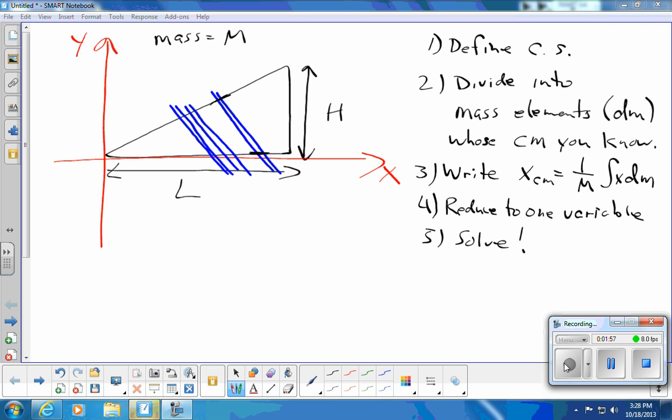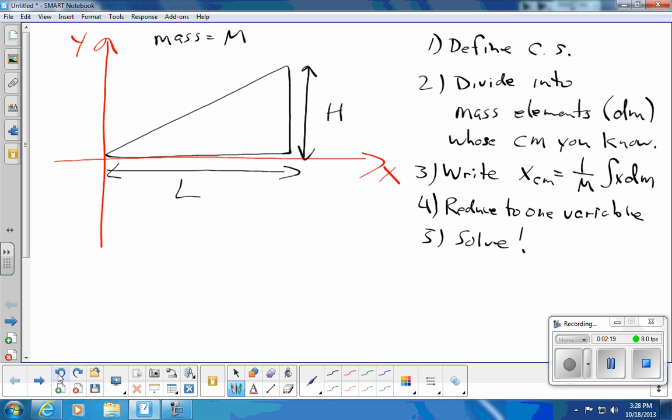It's in the middle somewhere. I guess kind of like in here is where its center of mass is, but I have no way of specifying where that is on the x-axis or anything like that. I've got to figure out some angle or do some weird geometry to find out where that is. That's not a helpful way to do this problem. So I'm going to get rid of that, I hope. Go away, blue lines.